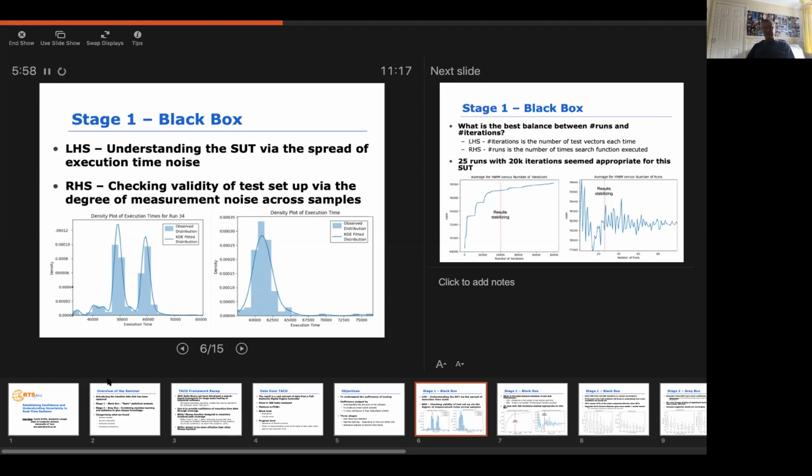In the right-hand side graph, for exactly the same test vector, we saw execution times anywhere in the range of 58,000 to 75,000. But most of the time it was in the range of 58,000 to about 63,000. So this showed that in general, we had a relatively low amount of measurement noise in our samples.